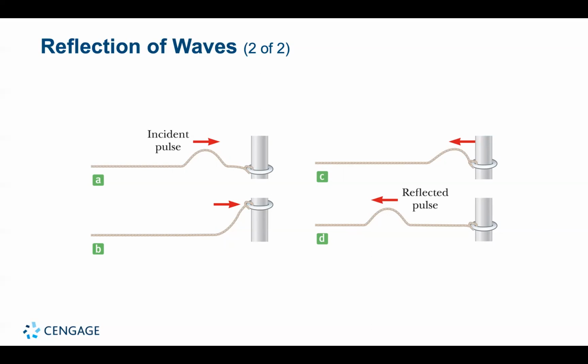When it reaches the post, it exerts a force on the ring, causing it to accelerate upward. The ring then returns to its original position by the downward component of the tension in the string. When a pulse reaches a boundary, it's partly reflected and partly transmitted past the boundary into a new medium.